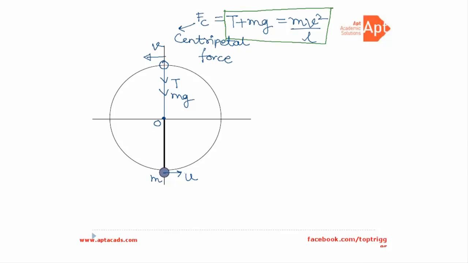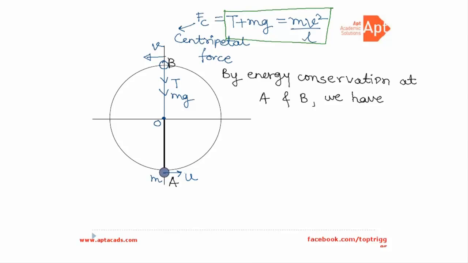Now conserving energy at the bottommost and the topmost point of the path. By energy conservation at A and B, at the bottommost point the kinetic energy is half m u square, which is equal to the total energy at the topmost point, half m v square, plus the gain in potential energy.